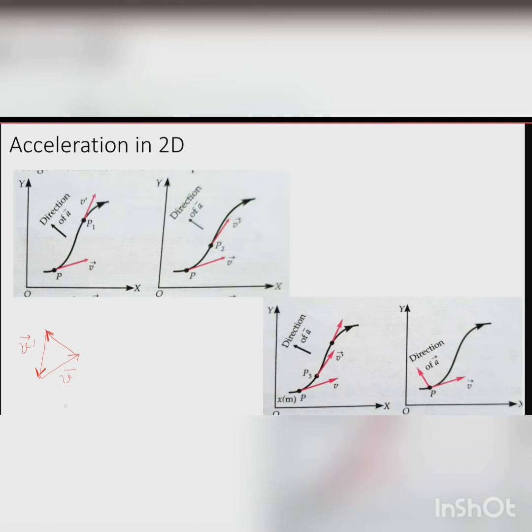We know that acceleration is change in velocity divided by the time taken. So here we are getting the change in velocity vector, delta V, along this direction. Again, we have used the triangle law of vector addition. So this delta V vector is giving me the direction associated with acceleration of the particle.